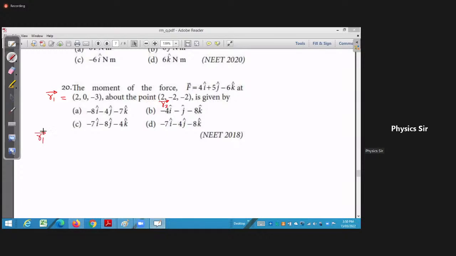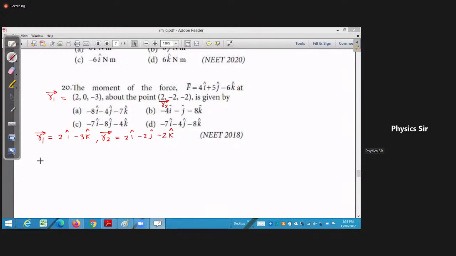Vector r1 will be 2i cap plus 0j cap minus 3k cap. And what is the vector r2? This vector r2 is 2i cap minus 2j cap minus 2k cap.